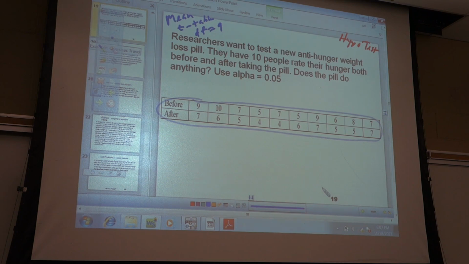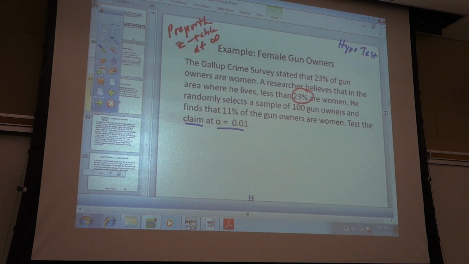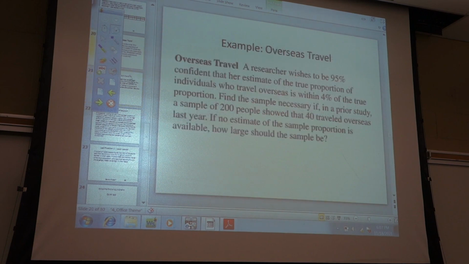So that is the top, right? This one was the bottom, right? And then this one.